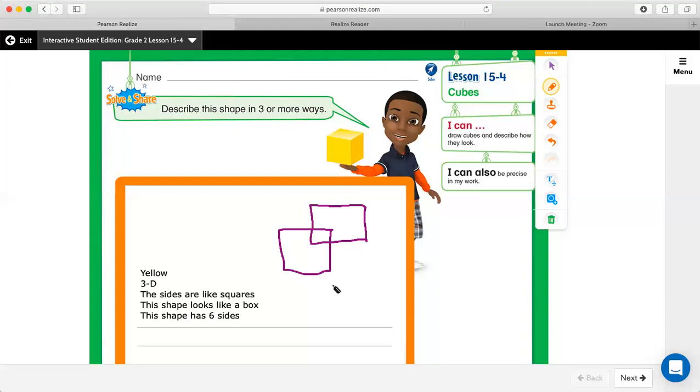Then you're going to draw a line to connect these two corners. Then draw a line to connect these two corners, and then these two corners, and then connect these two corners. And that's how you can draw a cube.